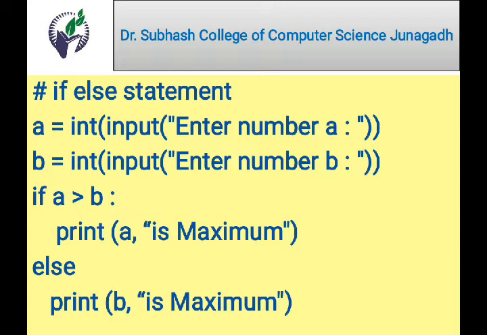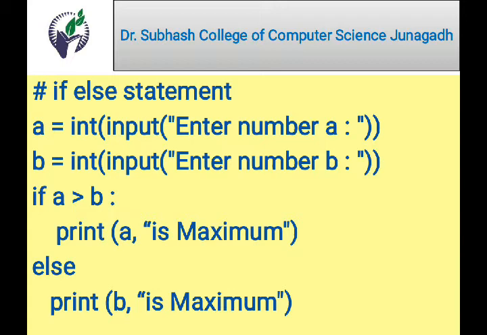So A greater than B, then print A is maximum, else print B is maximum. That is the simplest form of the if else construct.